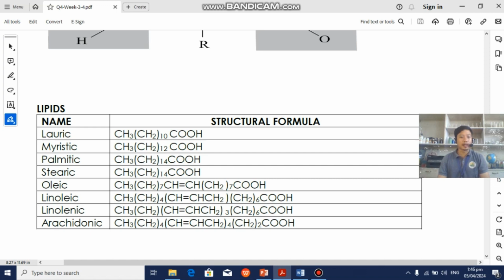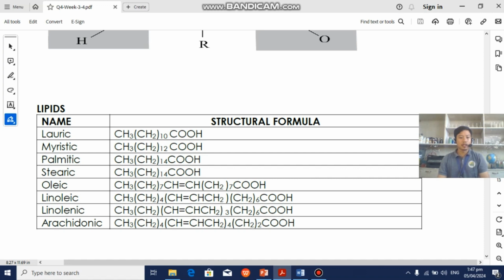They have different chemical or structural formulas, but they have the same elements present in their molecules.